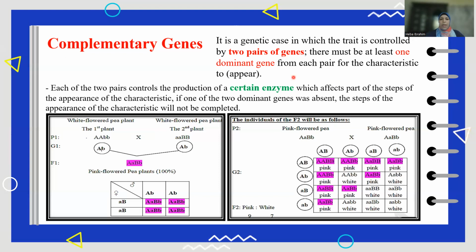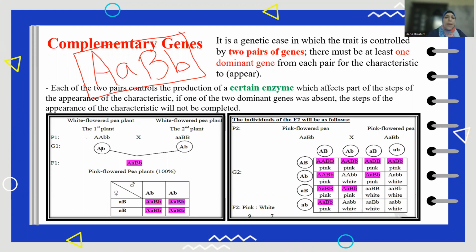So if we have, for example, this genotype, A capital, A small, B capital, B small. Here we have how many genes? 4 genes, or 2 pairs of genes. Each single pair is responsible for producing a certain enzyme to complete a special reaction which is necessary for our dominant trait to appear.